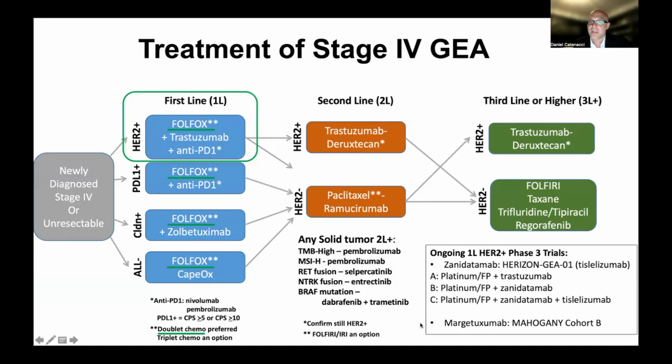And this is a 3-arm study that is evaluating standard chemotherapy with platinum and fluoropyrimidine with either trastuzumab, zanidatimab, or zanidatimab and tislelizumab. So this study is looking to see if zanidatimab is better than trastuzumab, and it's looking to see if zanidatimab plus a PD-1 therapy is better than zanidatimab alone. And please note that the control arm does not have pembrolizumab here.